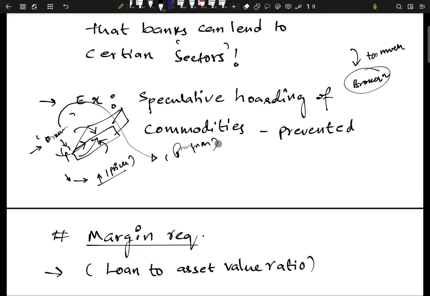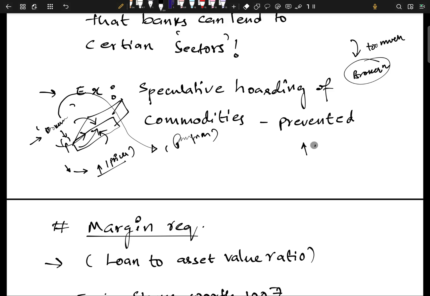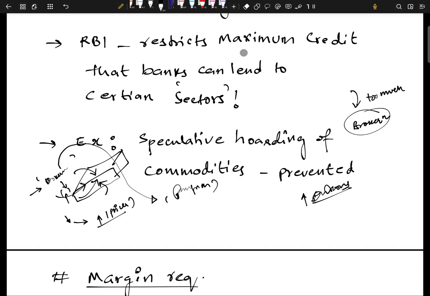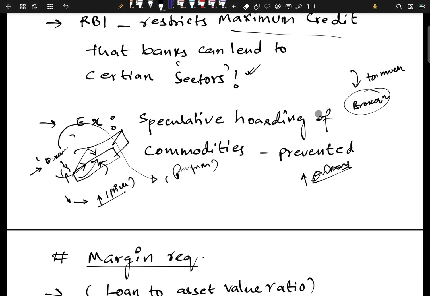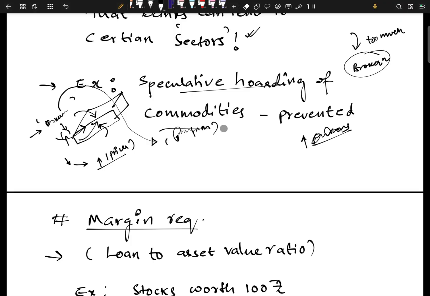So to prevent sudden spikes in fluctuating or volatile commodities like onions, RBI limits the maximum credit that banks can lend to certain sectors, right? It prevents speculative hoarding of commodities.